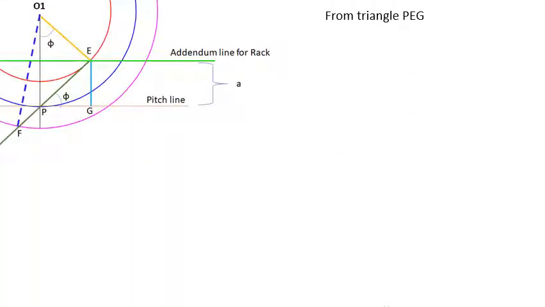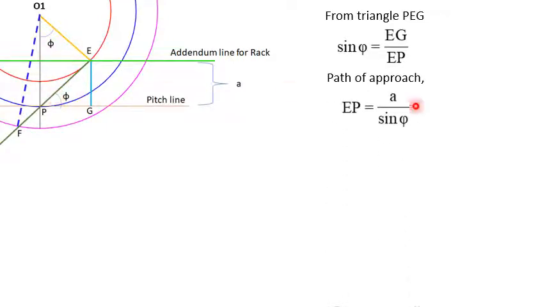Next, I am going to consider the triangle PEG. In this triangle, what is sine phi? Opposite side by hypotenuse. The opposite side is EG and the hypotenuse is EP. Therefore the path of approach can be written as EP, because EP represents the path of approach. EP is equal to EG divided by sine phi.